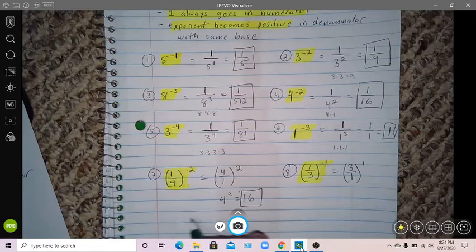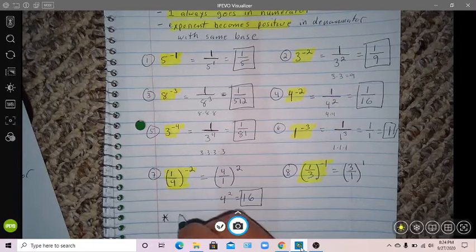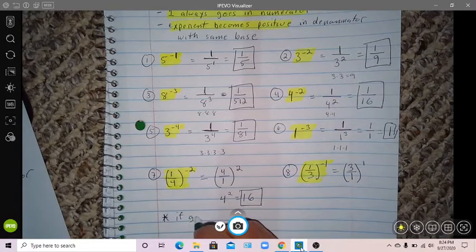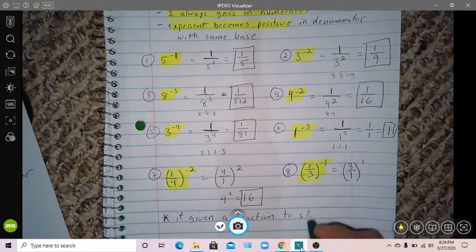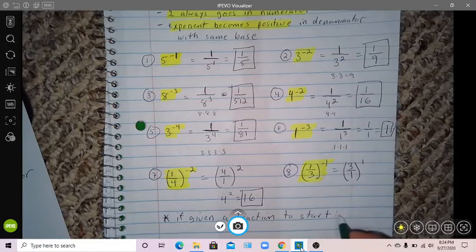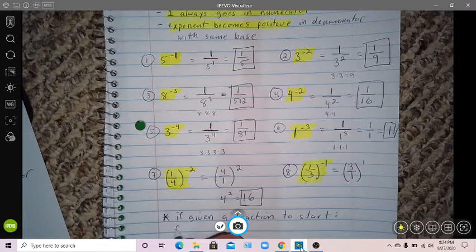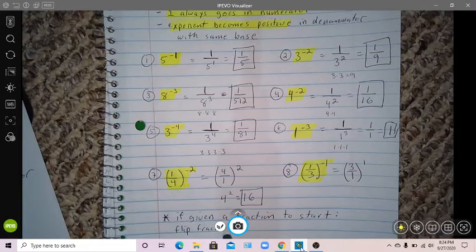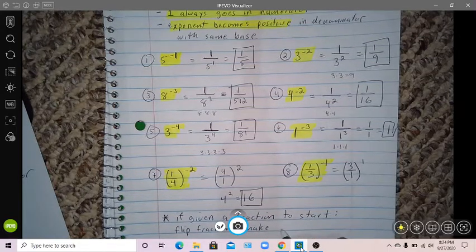So what you do is, if given a fraction to start, flip the fraction and make the exponent positive.